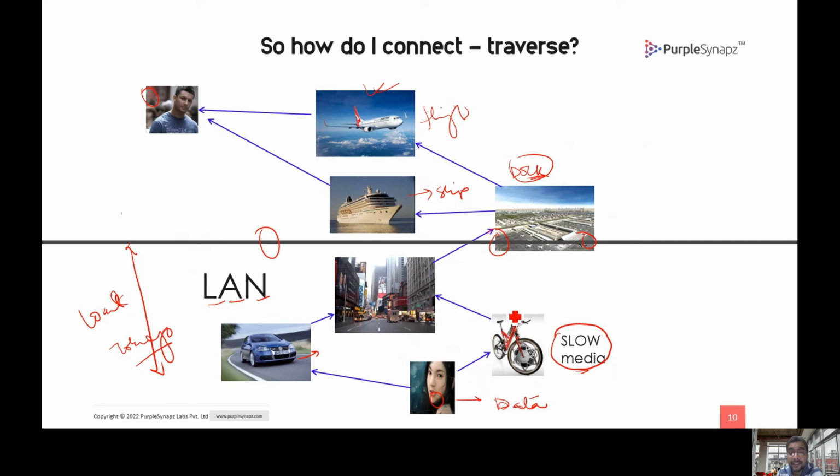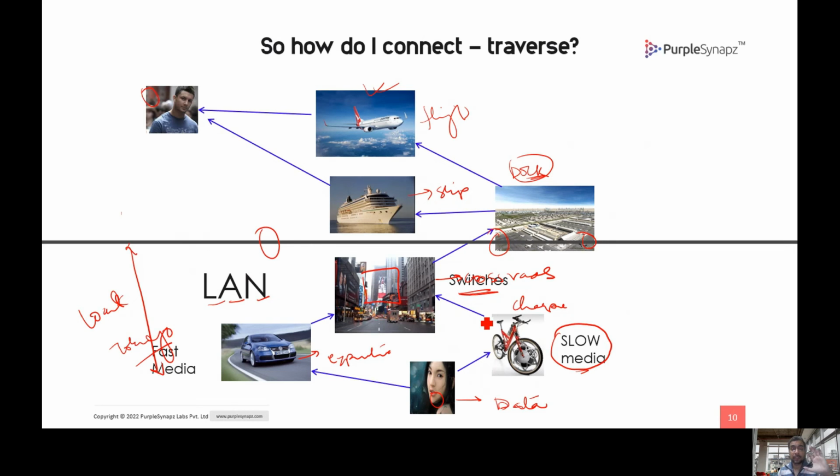The slow media is of course cheaper and the faster media is more expensive. Okay, and then she hits the crossroads, right? These crossroads are called switches. This is a switch in networking terminology.